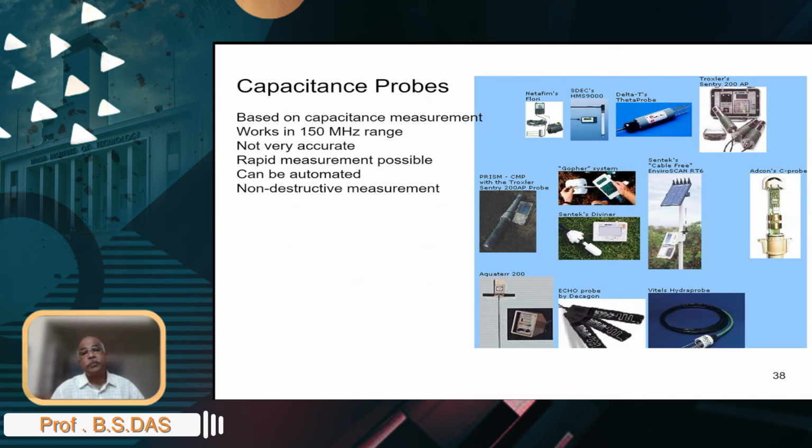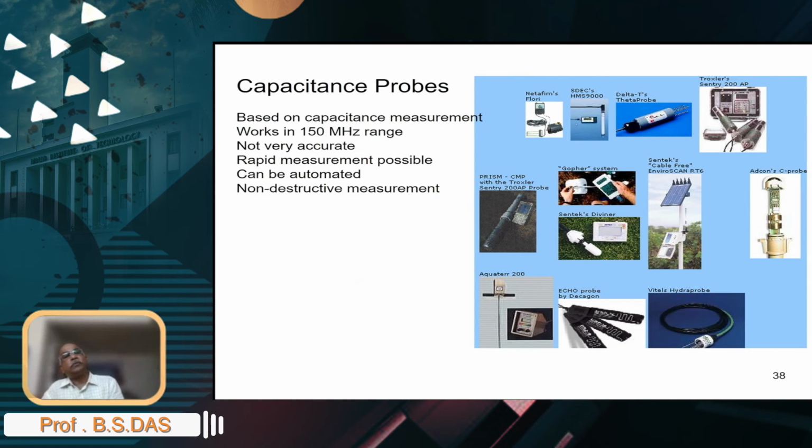You could also get a cheaper version, the capacitance probes, where you work not in the gigahertz range, but in the megahertz range. So you measure the capacitance of a soil as a function of the water content, because the signal generators for low frequency, even at the megahertz level, are cheaper.